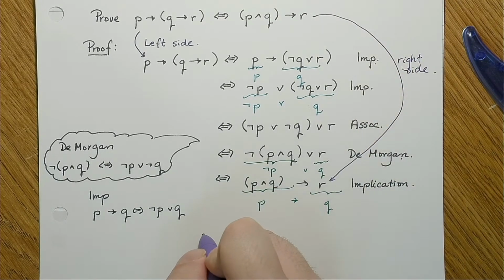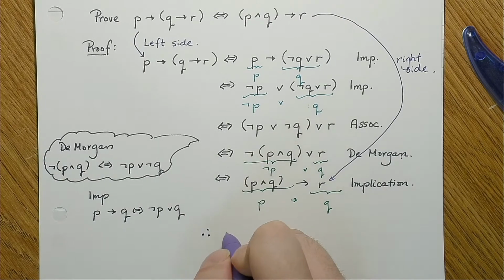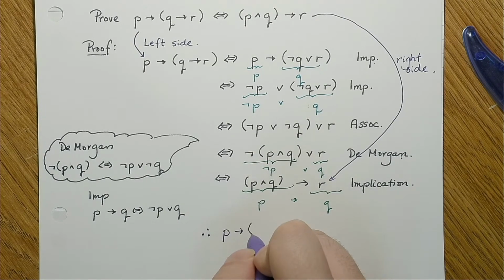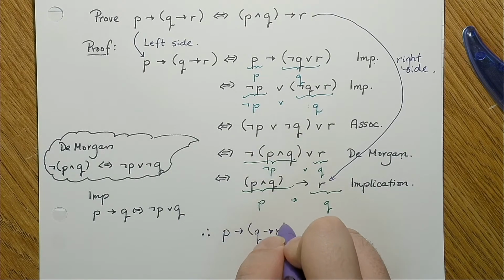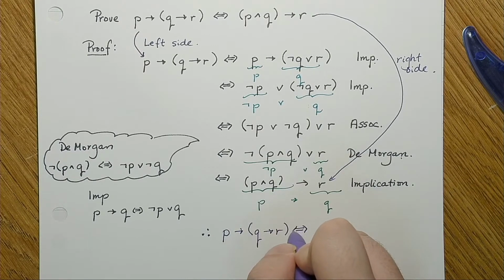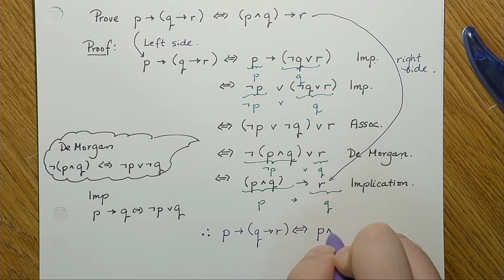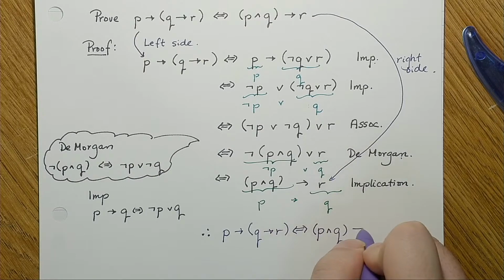And so therefore, what we have shown is that P implies Q implies R is logically equivalent to P and Q implies R.